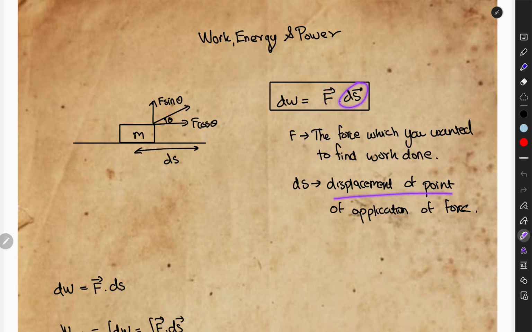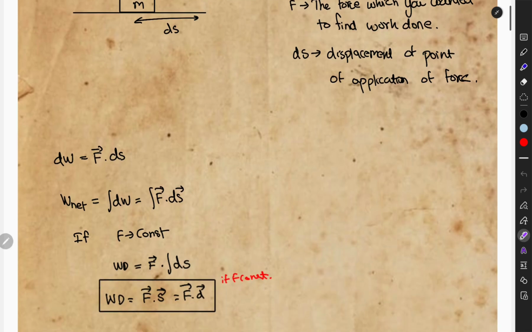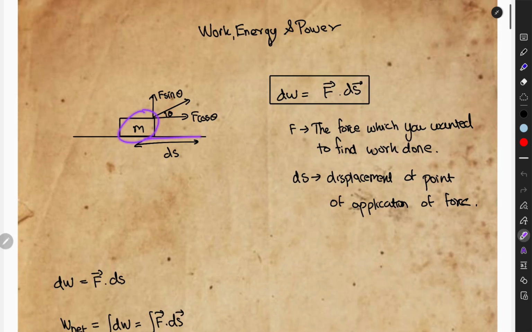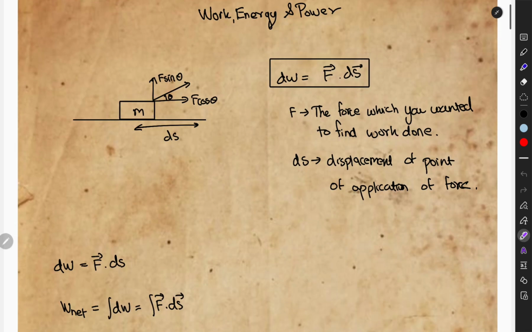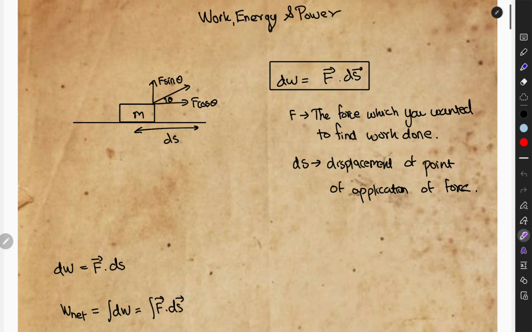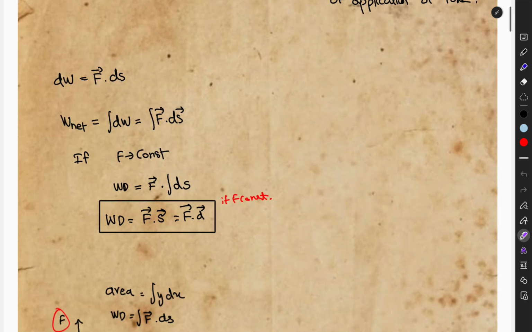And ds is the displacement of the point of application of the force, and dW is the work done. That's what the formula is for. So when an object is moved a distance s, work is done when a force is applied to it. dW equals F dot ds is a small work done, so if you want to find the total work done, you need to integrate it.